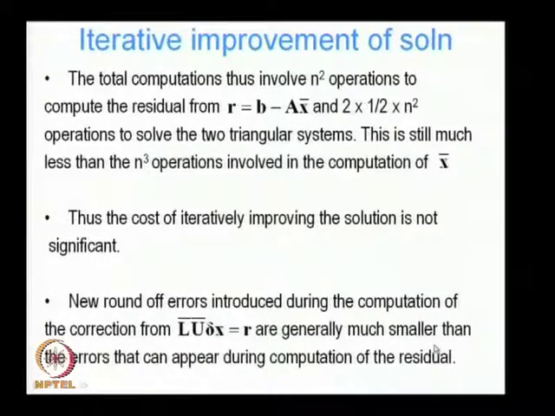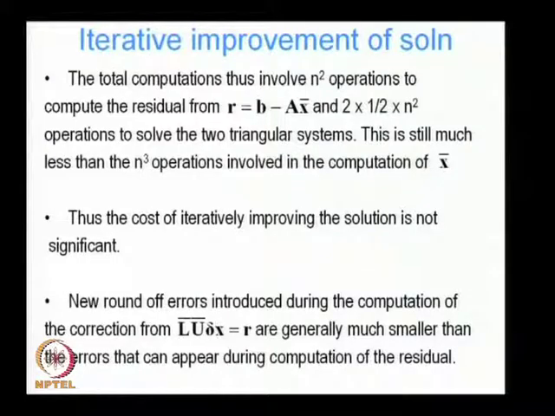So, basically this process is two step. First step is computing the residual like this and then solving this equation to find del x. The main error during this improvement can occur during this operation. And why is that? Is it because of this product? No, it is just because of this subtraction, because we are subtracting A x bar from b, and both A x bar and b are approximately of the same magnitude, right. Since they are of the same magnitude, there will be cancellation errors, and the chances of errors occurring here are significant.